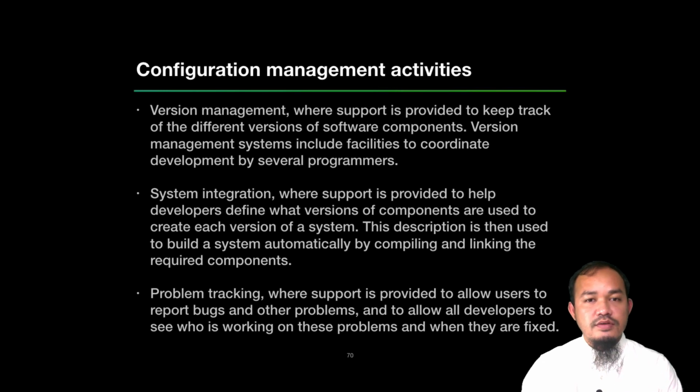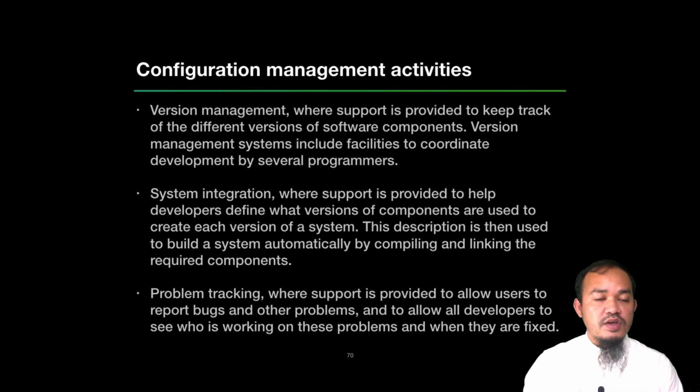Configuration management activities. There are three main activities used in configuration management. First is version management, where we use version control to keep track of the different versions of software components, or the code, okay.